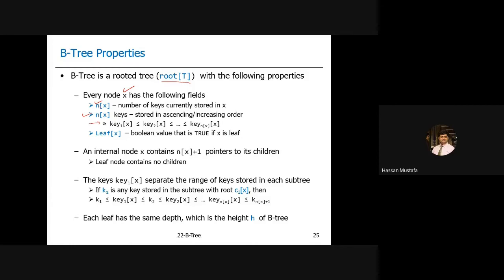So every node, if it has n keys, we have an array of size n, and all the values are stored in that array in sorted order. Then there's a boolean variable that says whether a node is a leaf node or a non-leaf node. Then for a node that has n keys, it should have n plus 1 pointers for its children. And this is the structure of the tree.